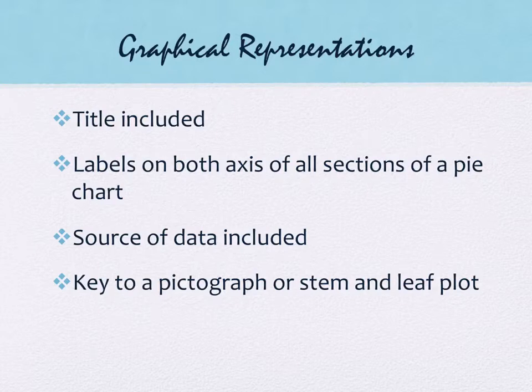Because it could represent different things. Having labels on axes or all sections of the pie chart, whatever kind of chart or key you're looking at, basically. So does the data lack clarity? Source of the data being included.